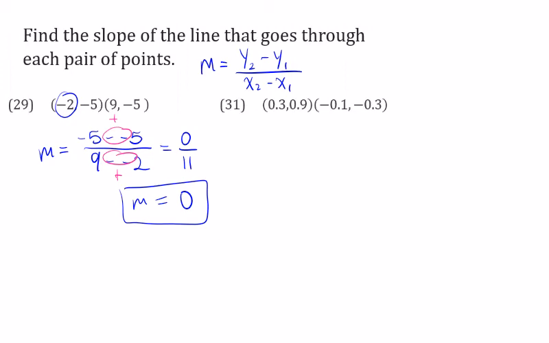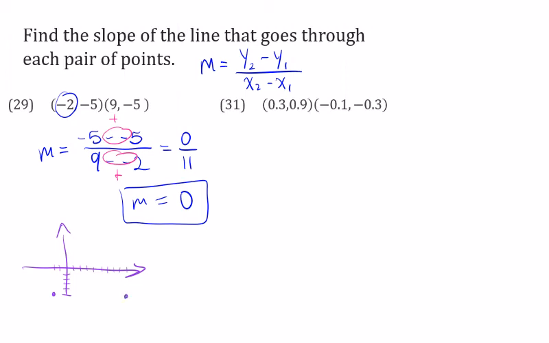And so let's just explore that for a second on a graph. If I have a graph, and in this case, our y coordinates are the same. They're both at negative 5, right? So what's going to happen is I have (-2, -5), which is right here. And then I have (9, -5), which is right here.